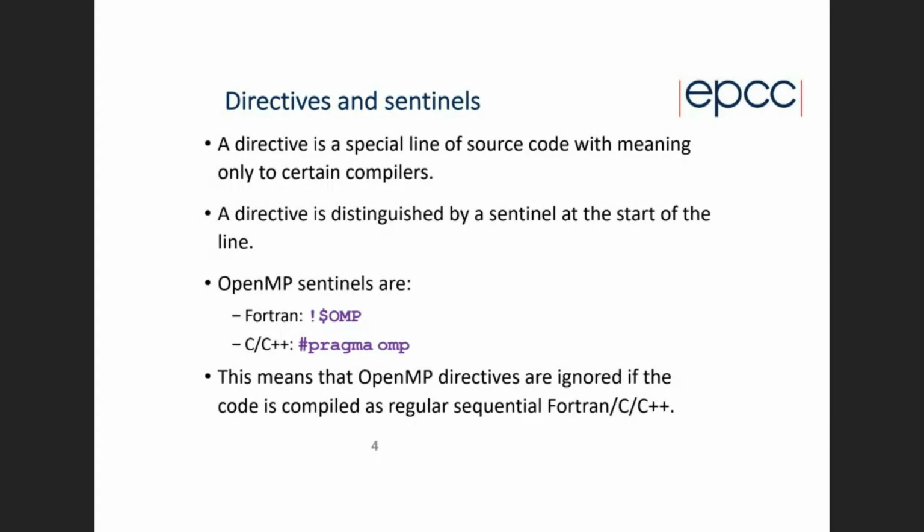For the most part, apart from the syntax, there are very few differences in OpenMP between Fortran and C. But I will point out where they do differ, and for the practical exercises, you also have the choice of doing them either in Fortran or C. So whichever you prefer.